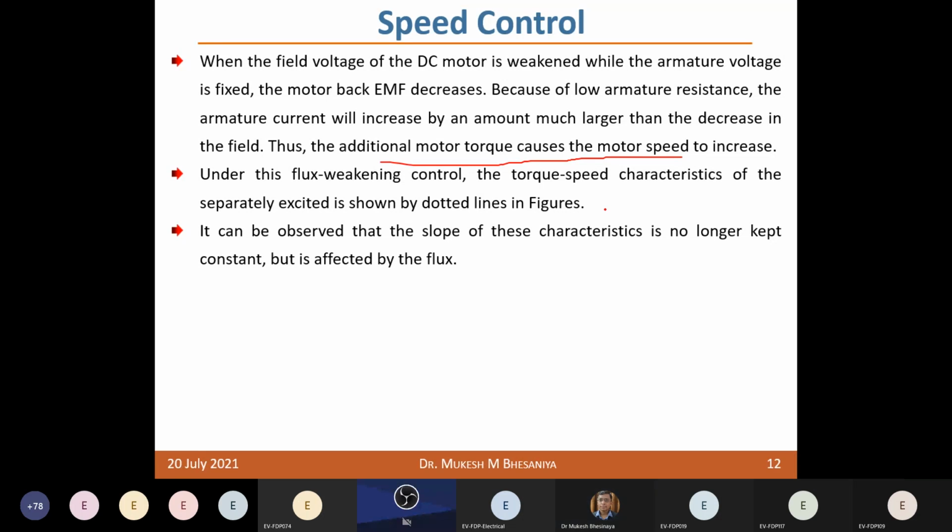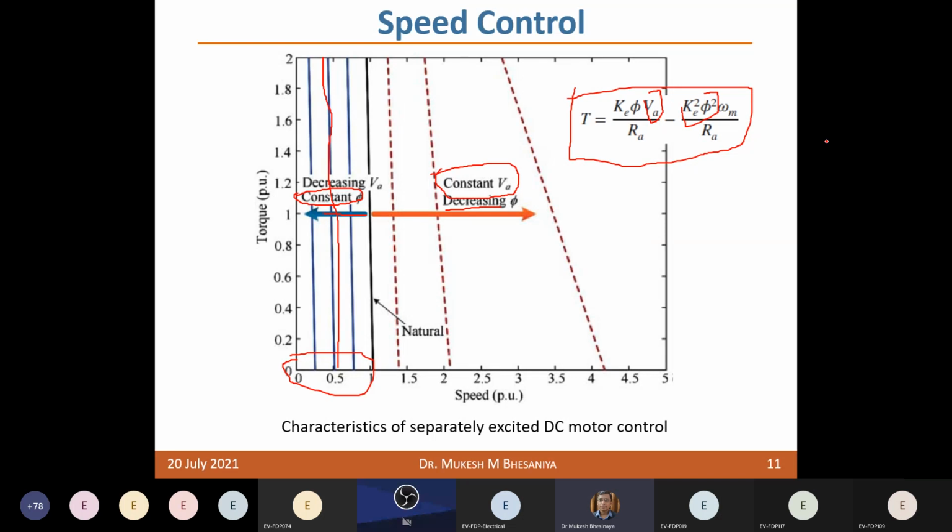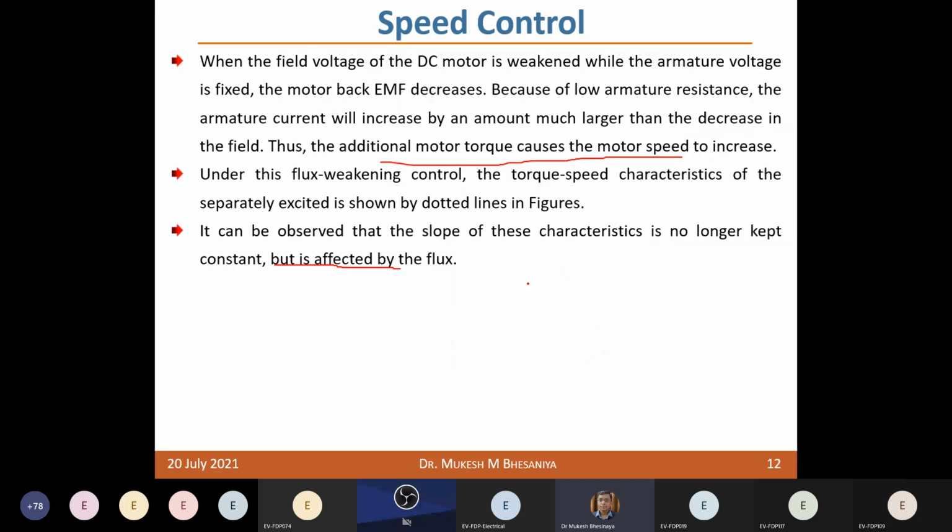Okay. And since you have that characteristic, the slope of this characteristic is no longer kept constant. Okay, it is affected by the flux, and you have that phi squared term as well here, right? Okay, so I hope that is clear to everyone, right?